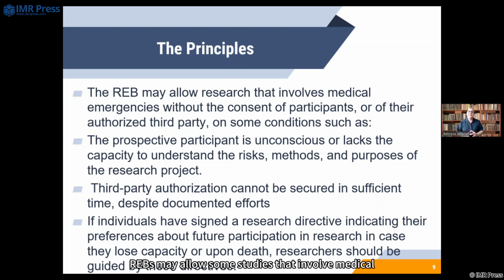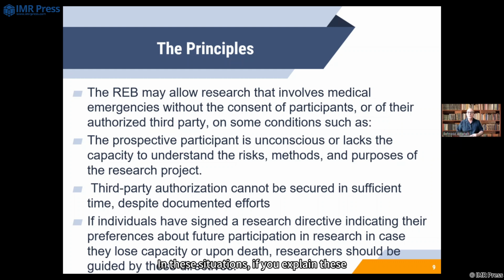REBs may allow some studies that involve medical emergencies without the consent of participants. So it's possible that the nature of your study is on patients in the emergency room or patients who are unconscious.